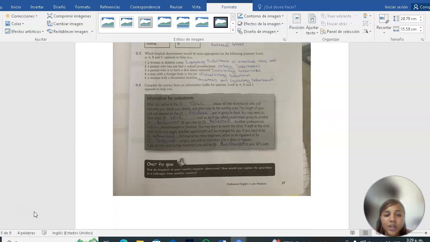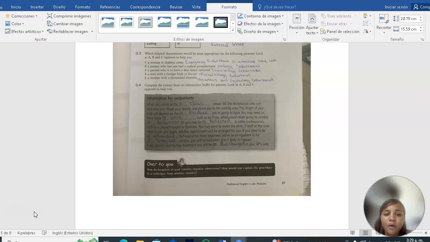Complete the extract from an information letter for patients. Look at A, B, and C opposite to help you. When you arrive at the clinic, please tell the receptionist, who will welcome you, check your details and direct you to the waiting area.